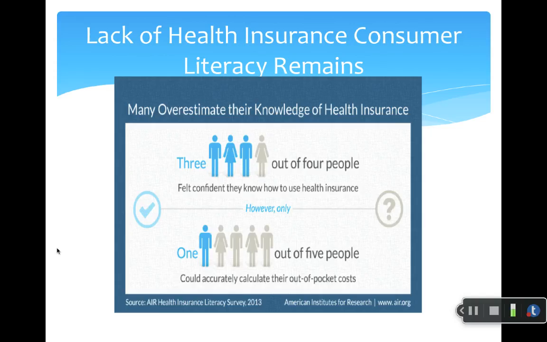I think another big challenge for the future of the U.S. healthcare system and the implementation of the Affordable Care Act going forward is health insurance literacy. Now that we have millions more Americans who are covered under the Medicaid program and private health insurance, do they actually know how to use health insurance?